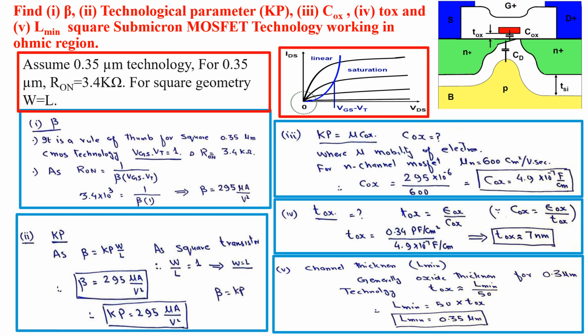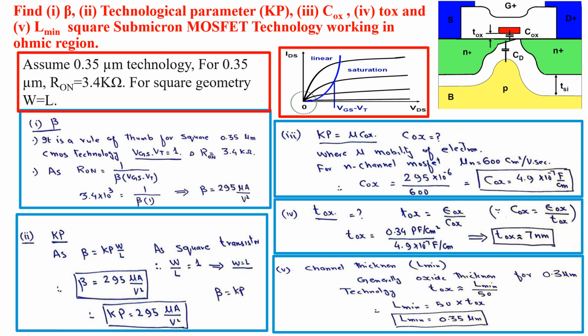We are using the mobility of the electron because from the figure it is clear that our source is n plus type and our drain is also n type, so the channel is also n type. So the mobility is simply 600 centimeter square per volt per second. It is constant for silicon.